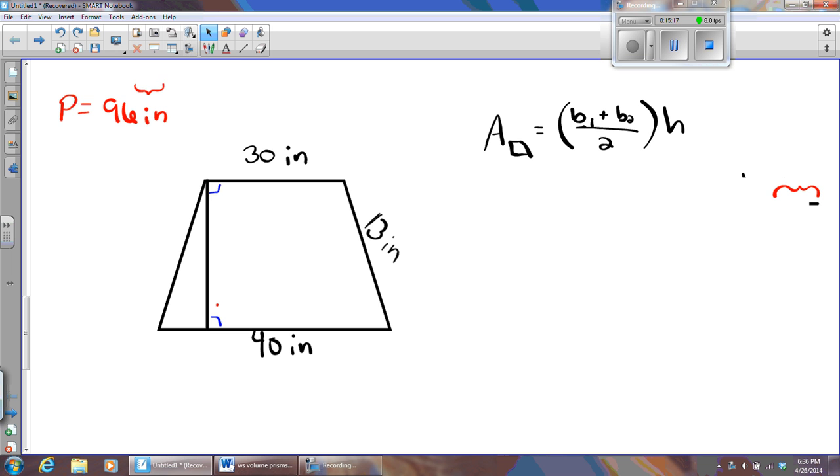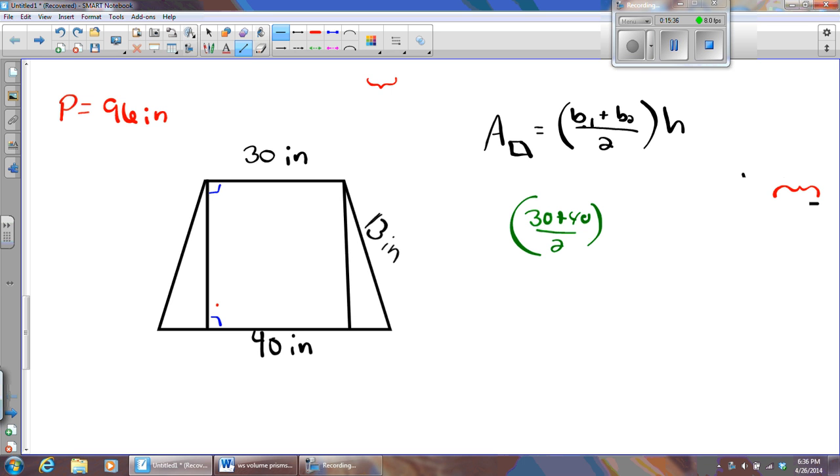Okay, now, to do the area, I've got to average the bases. Well, that's going to be 30 plus 40 divided by 2. I need to know how tall this is. Well, if you think about it, let's cut down this segment here. This piece from here to here, this distance would be 30, wouldn't it?